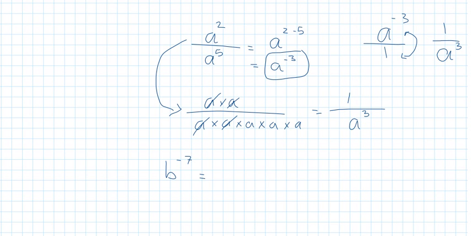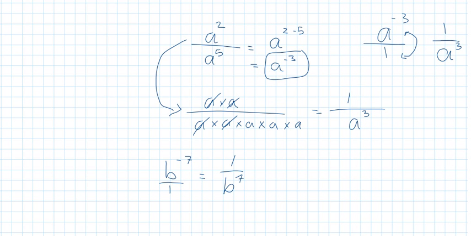What's my denominator here? 1. Anything that doesn't have a denominator has a denominator of 1. Flip it, it becomes 1 over b, and you make your exponent positive. So that's plus 7. Okay? Flip, make your exponent positive.